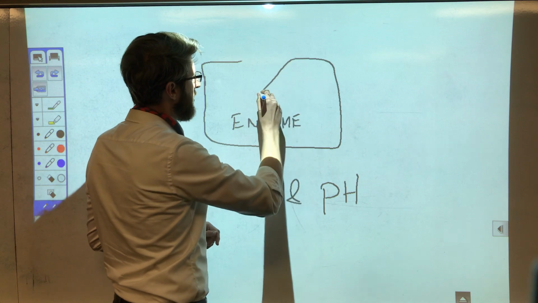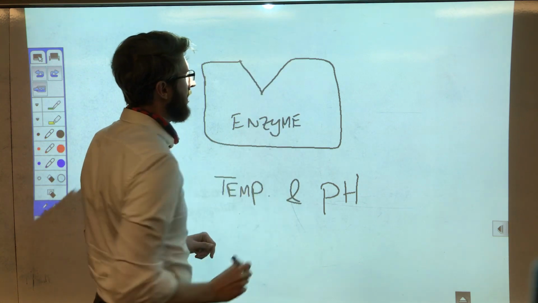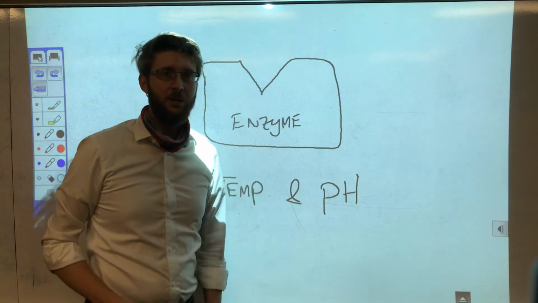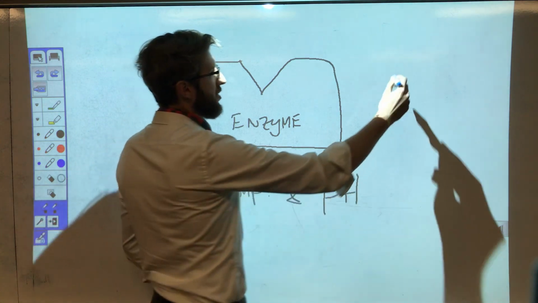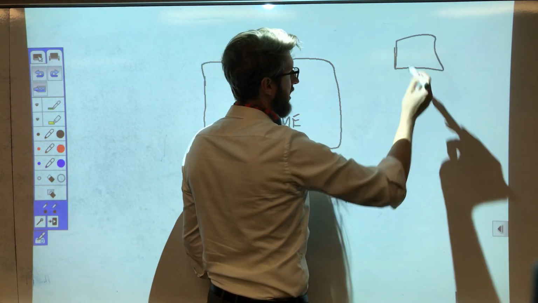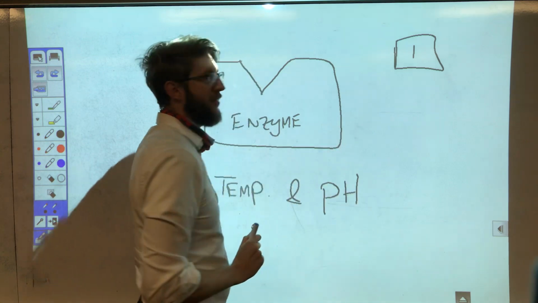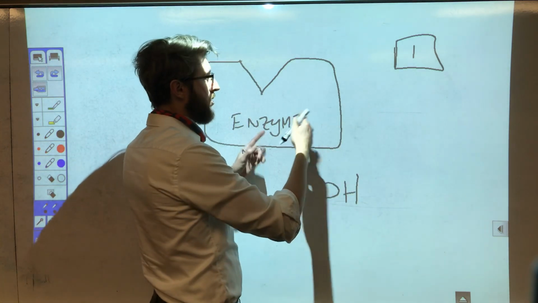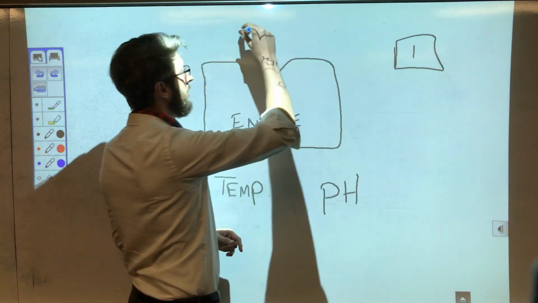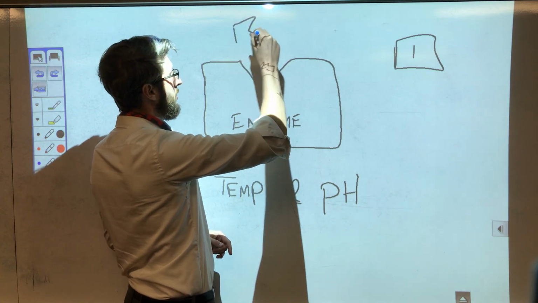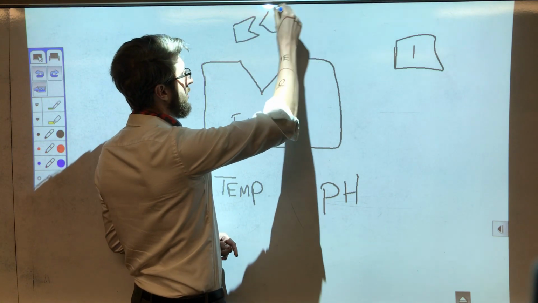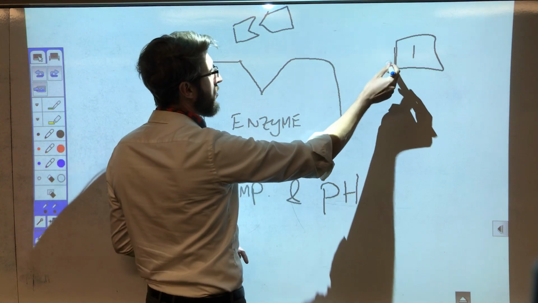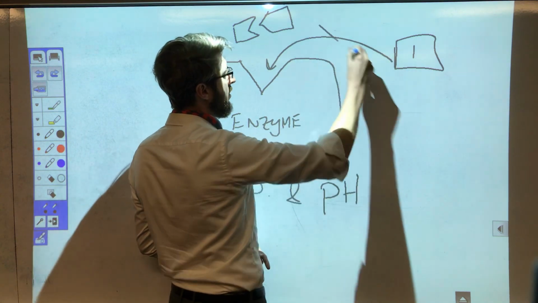And instead of being a square, it's now a triangle shape. So this substrate that it's trying to bind to, so we can turn this into this, doesn't work. It will not bind.